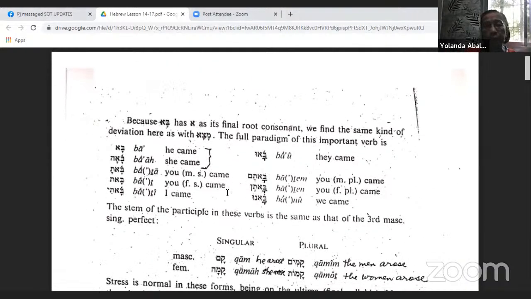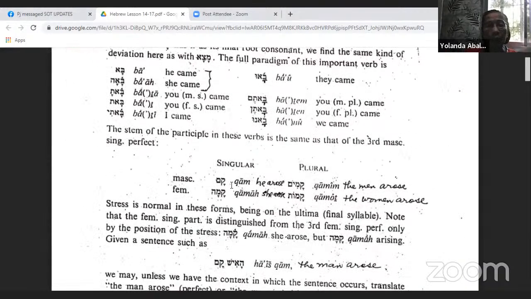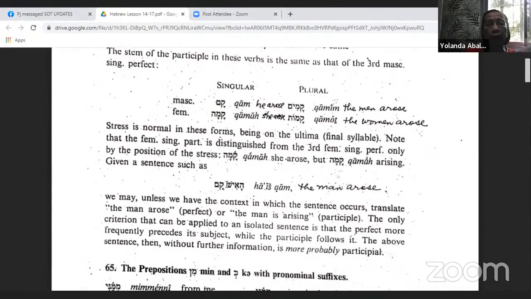Banu, we came. Alright? Yan po ang tawag natin dyan, inflection. At kasunod niyan, meron tayong singular and plural. Such as sa masculine, we have kom. Ang kom, he arose. Ang feminine form niya, kama, she arose. That is both singular.